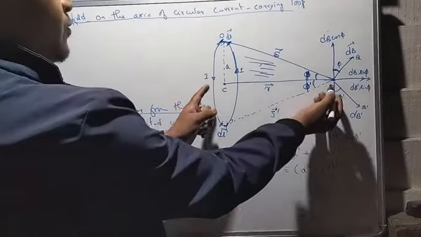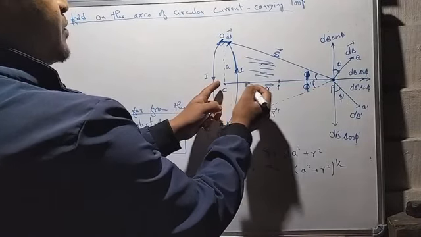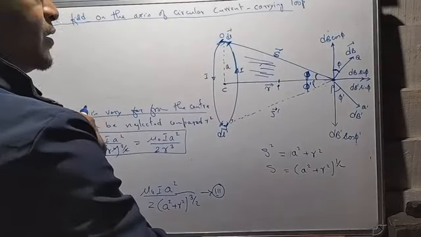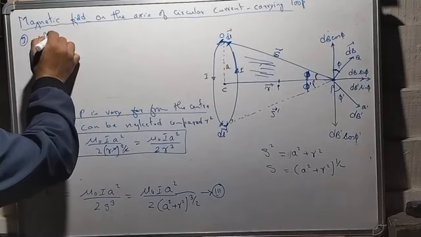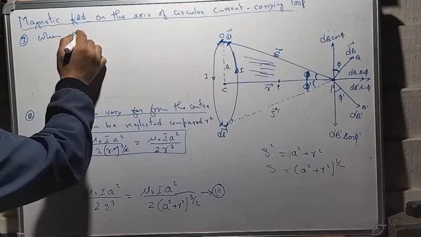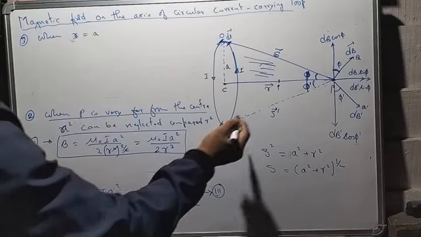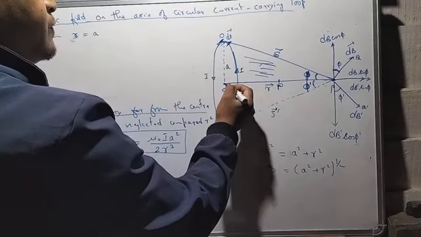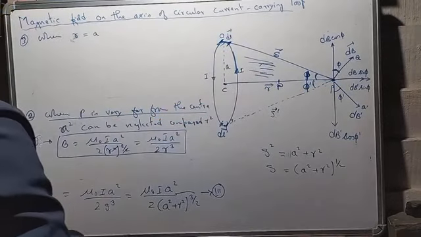That means when this point P comes here, and the distance from here to here is the same as the radius. So when R is equal to the radius of the loop, this point P comes here, in which the distance is equal to the radius of the loop.